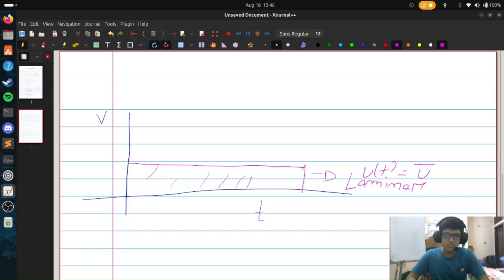Now for turbulent flow, it happens like this. Then we draw a dotted line here.